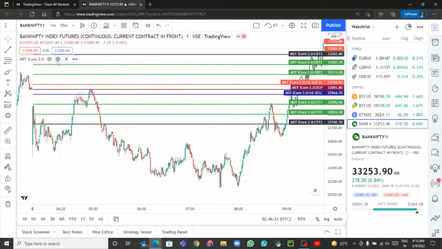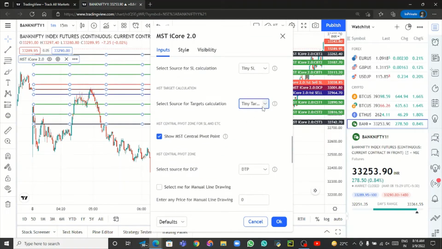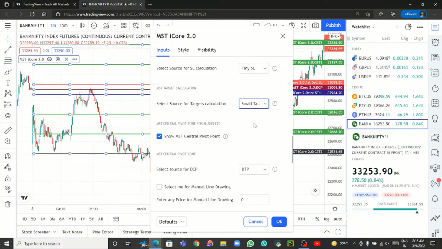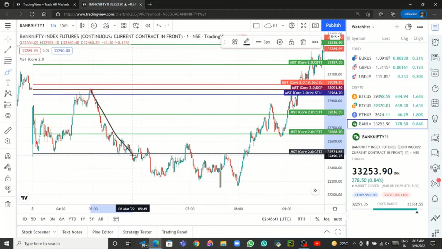In such cases, come to the settings, keep tiny SL and select the small SL, which means the targets will be double and SL will be single. So SL will be 100 points and the targets will be 200 points. See here, this is 1:2 ratio that also has been achieved.